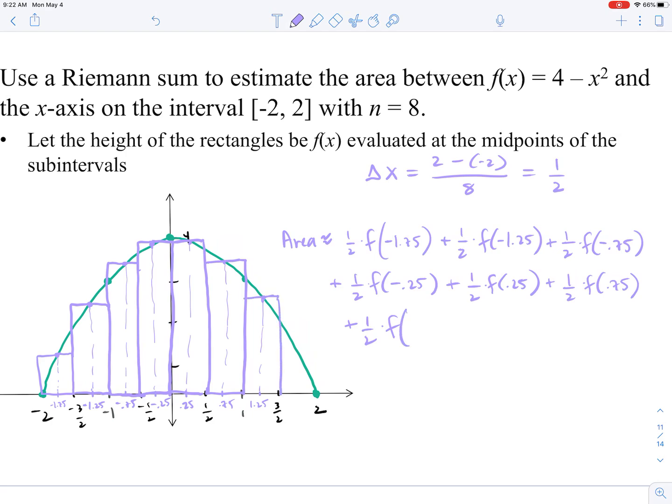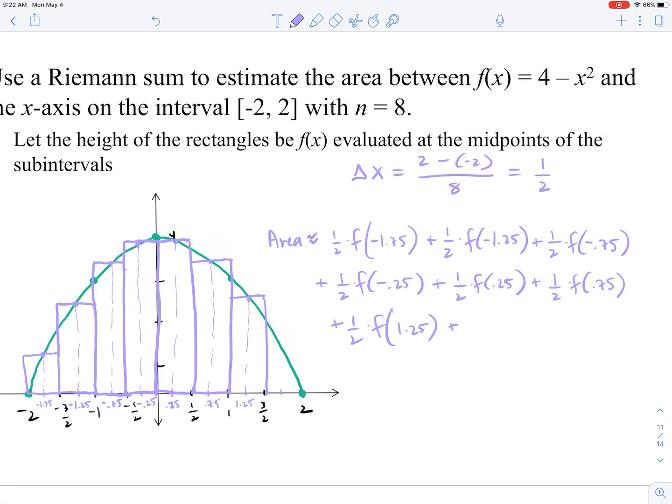Halfway between 1 and 3/2 would be 1.25, so 1/2 times f of 1.25. And then for that last rectangle, the midpoint between 3/2 and 2 is 1.75. So 1/2 times f of 1.75.